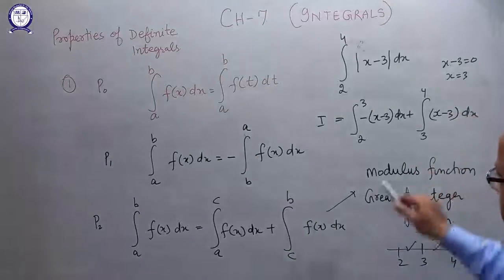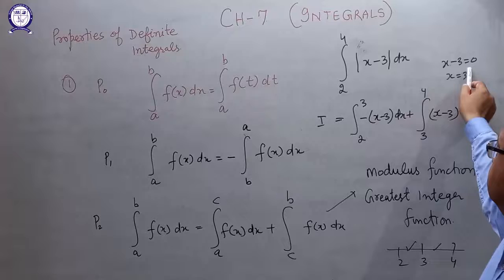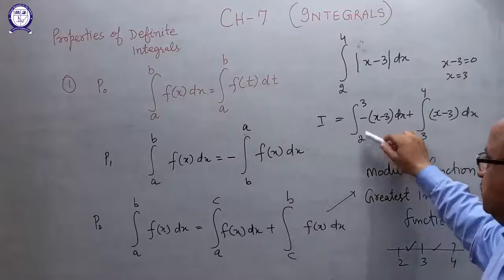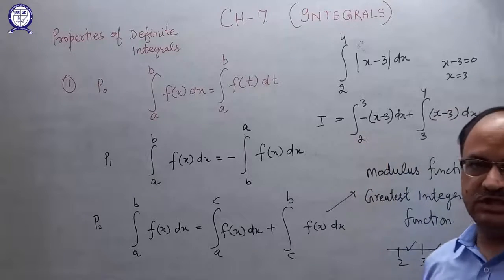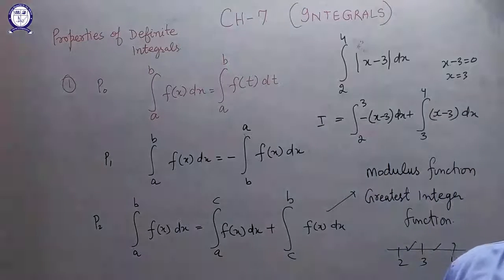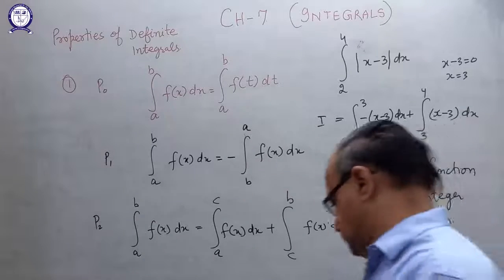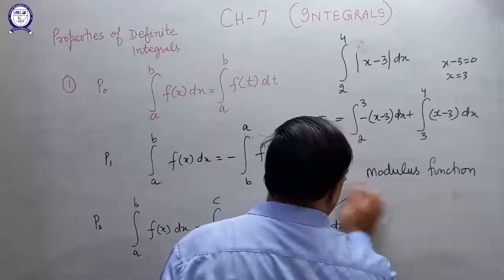Again put x minus 3 is equal to 0, then x is equal to 3. It means 3 is the breaking point. In the left side of this portion write the negative function of modulus, and on the right hand side, write the positive function.